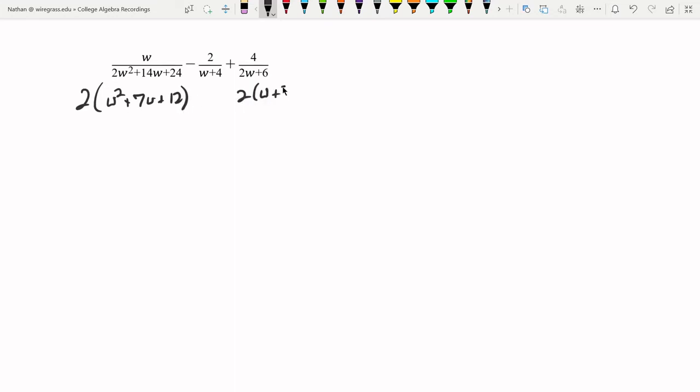It's going to give me 2 times w plus 3. Now for this first one, we have the AC method. We get 12 and 7. That's going to be 3 and 4. 3 times 4 is 12. 3 plus 4 is 7. And since a is 1, we can use the shortcut. W plus 3, w plus 4.